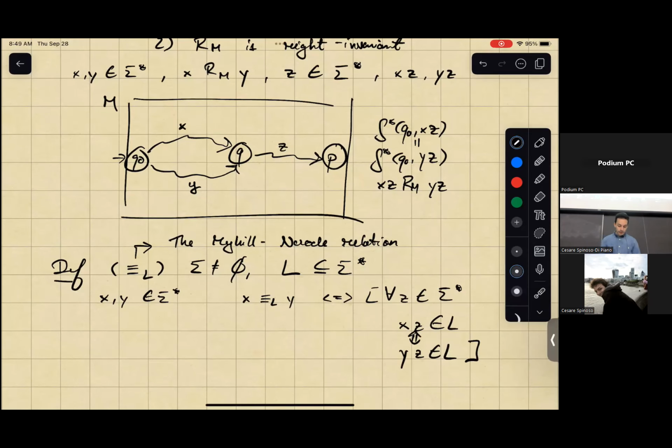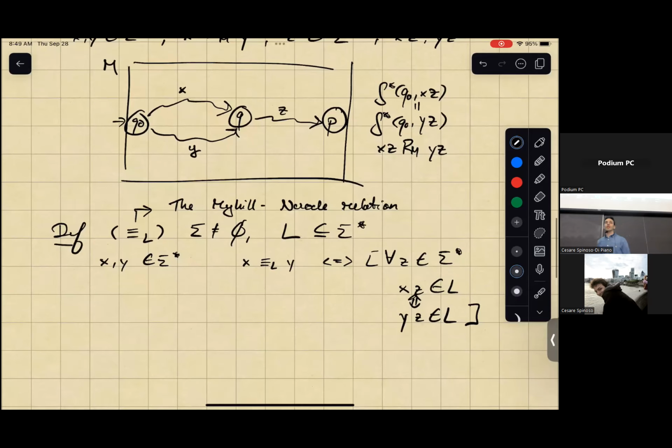Now, a question for you. Let's try to think very hard about this. Does this relation look familiar? Please say yes. Why does it look familiar? Yes, it was in assignment 1, question 2. Very good.